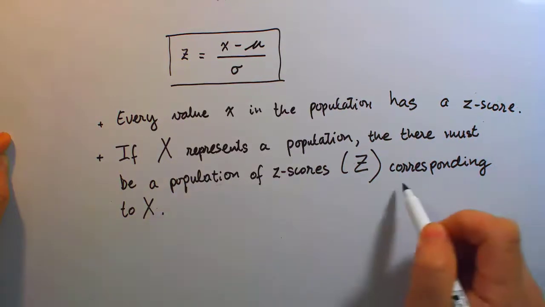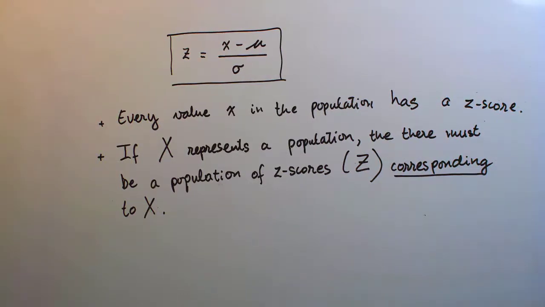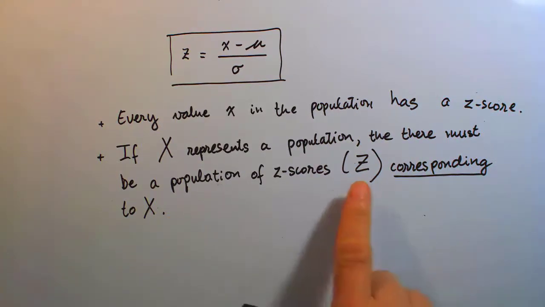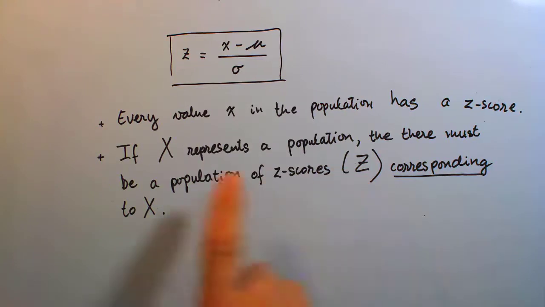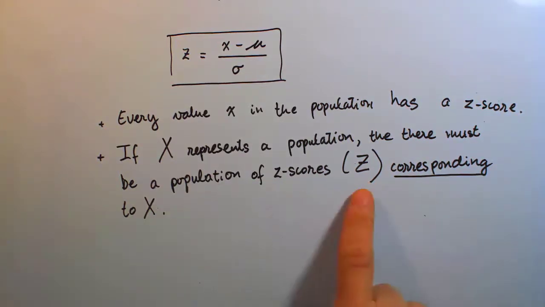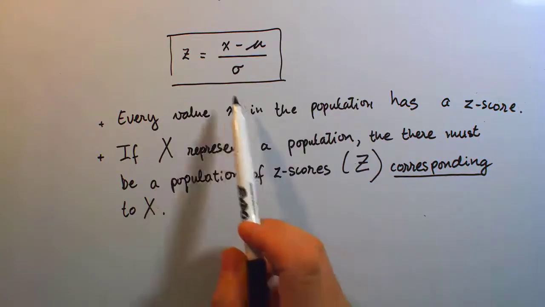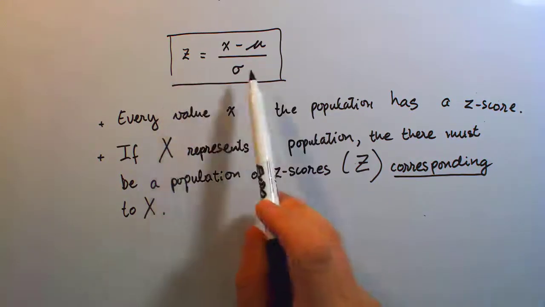And corresponding here, I mean, as far as the population size, in theory being as large, the population of the z score here is being as large as the population of x right here. And so every population has a corresponding z-score population, because every value x in that population can have an equivalent z-score.